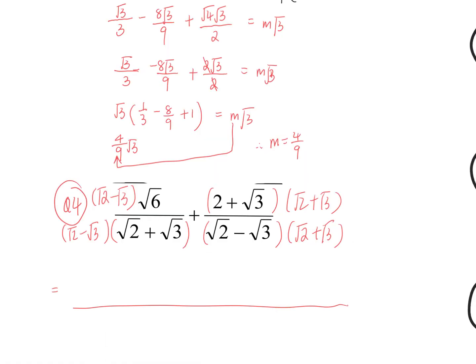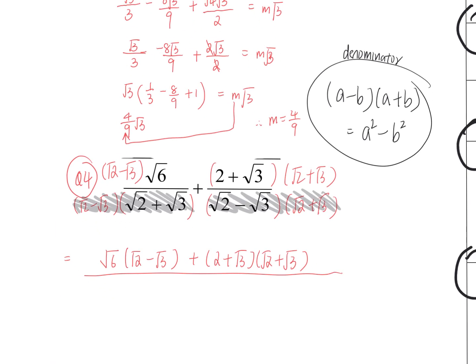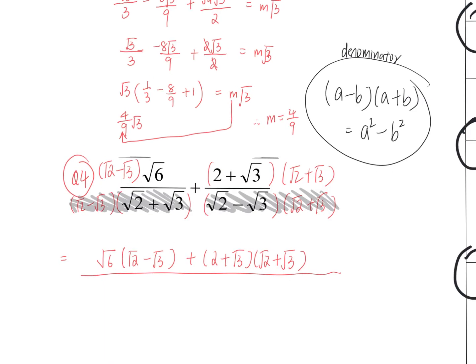Do all, because both of them share the same denominator. Okay, this is exactly the same. So I can combine them into one by writing this. I'm just combining the 2 fractions. At the denominator, the bottom will be a square minus b square.